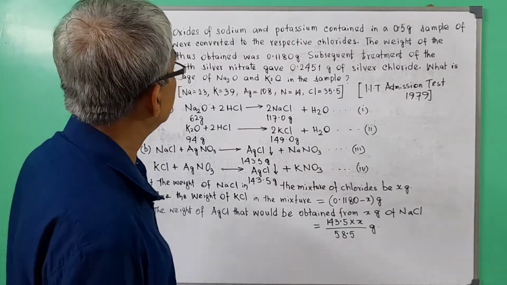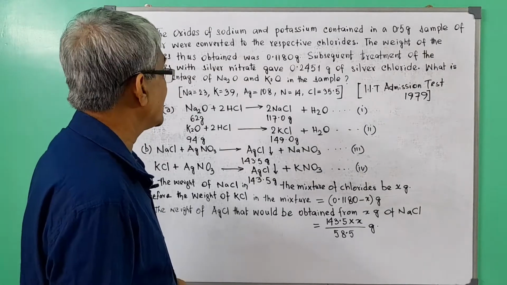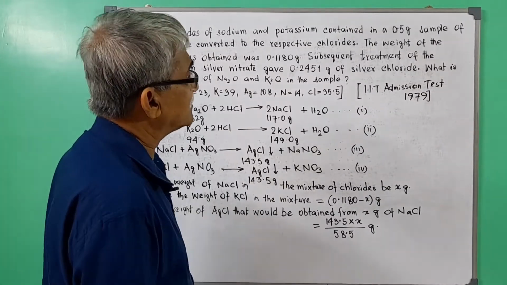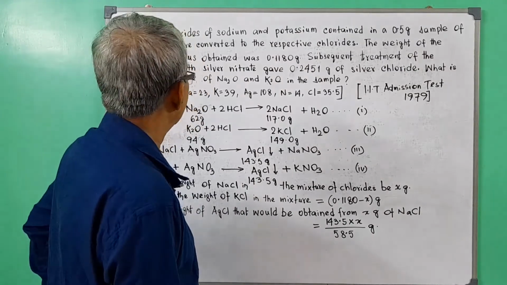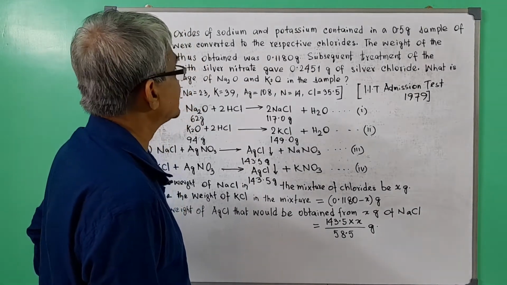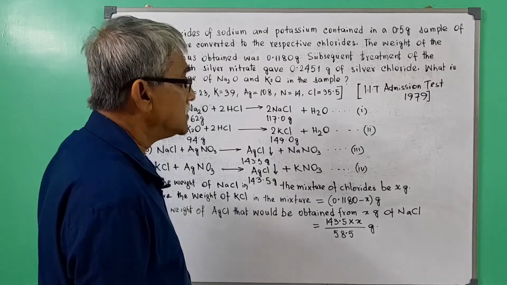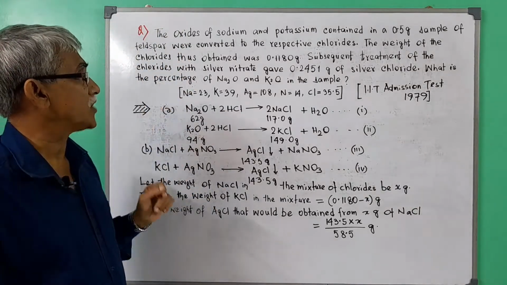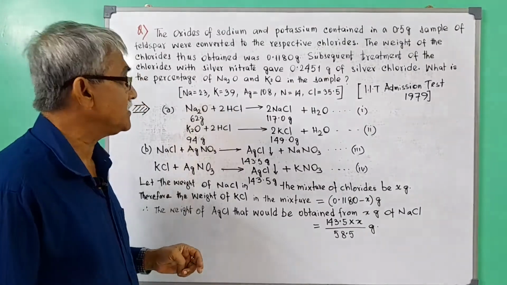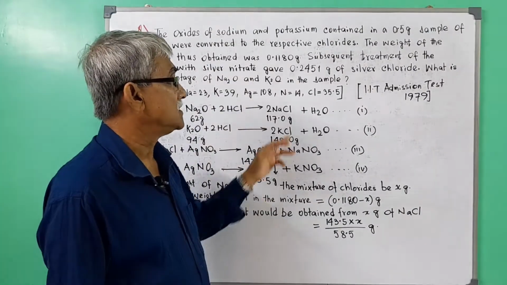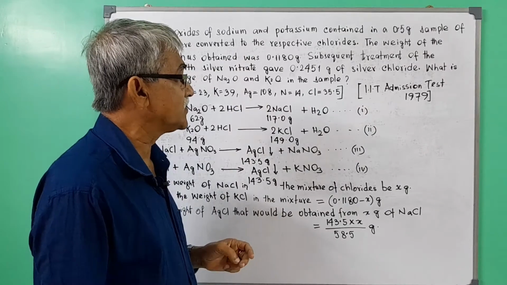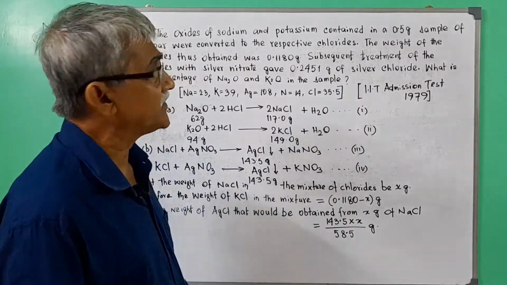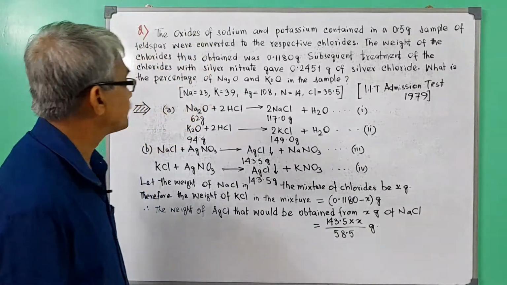Subsequent treatment of the chlorides with silver nitrate gave 0.2451 gram of silver chloride. What is the percentage of Na2O and K2O in the sample? This is the question given: sodium 23, potassium 39, silver 108, nitrogen 14, chlorine 35.5. This was a question set in the IIT admission test of 1979.